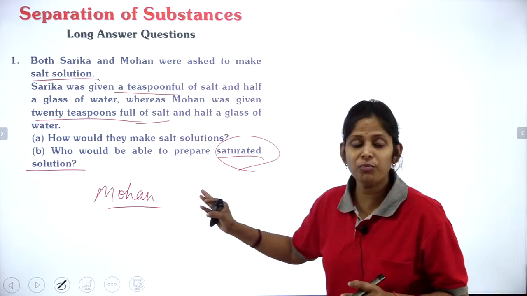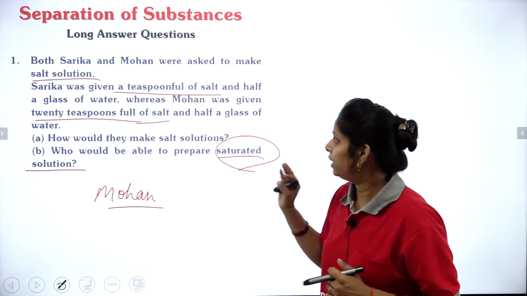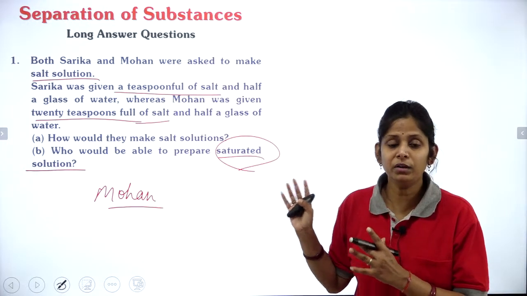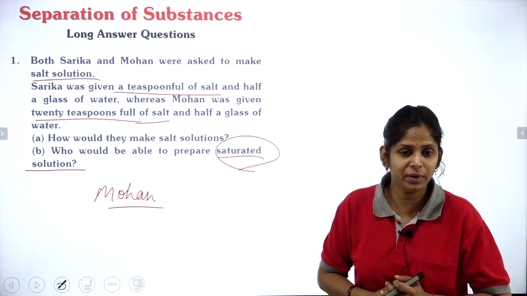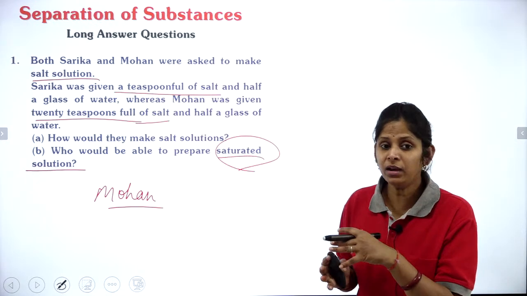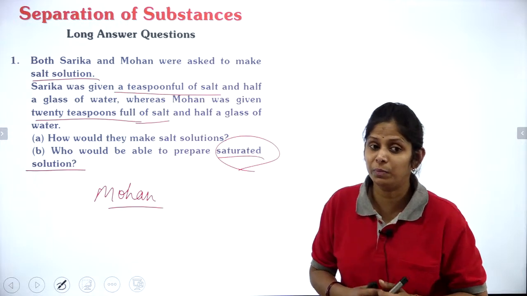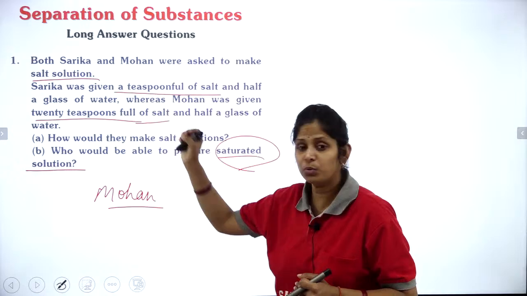Because in the case of Mohan, undissolved salt would remain at the bottom of the beaker, because he has 20 teaspoon salt.